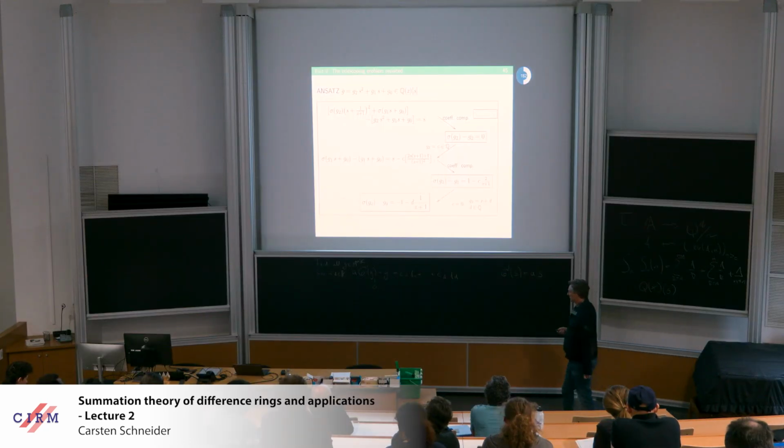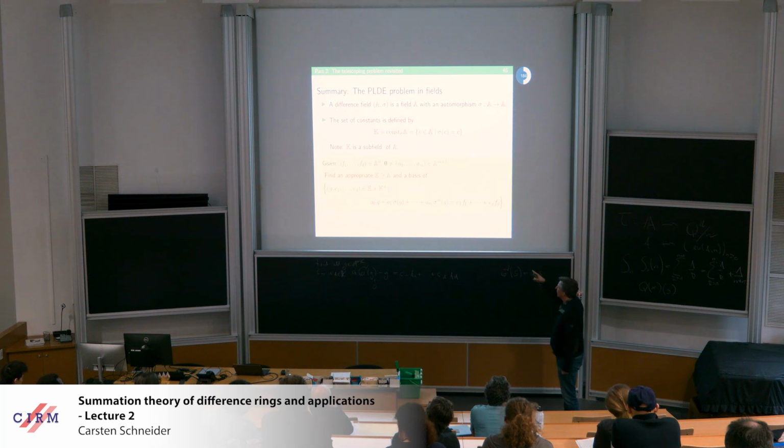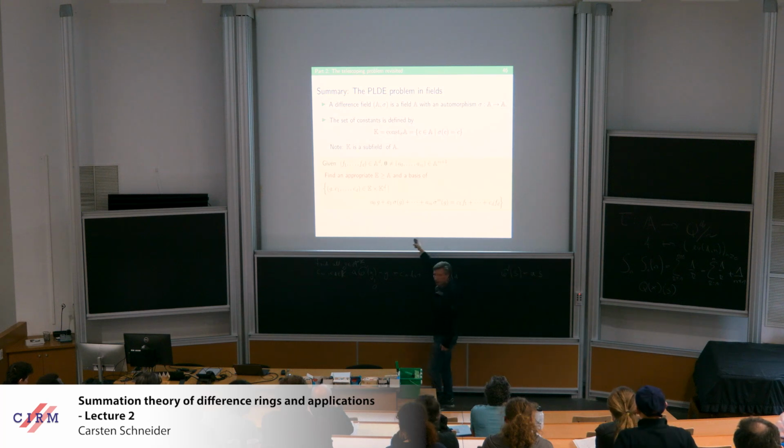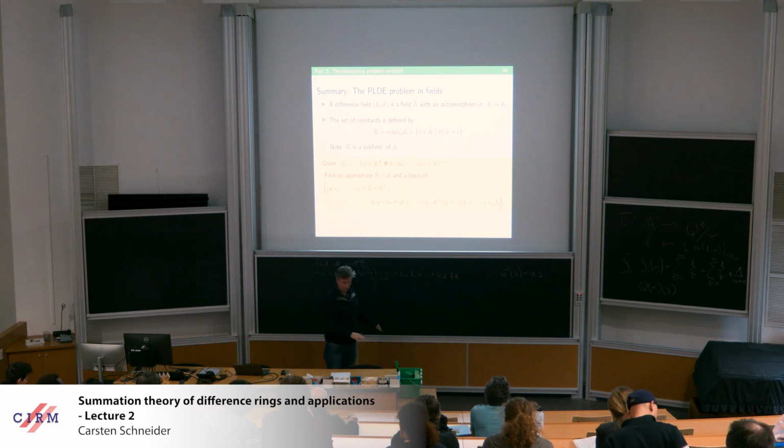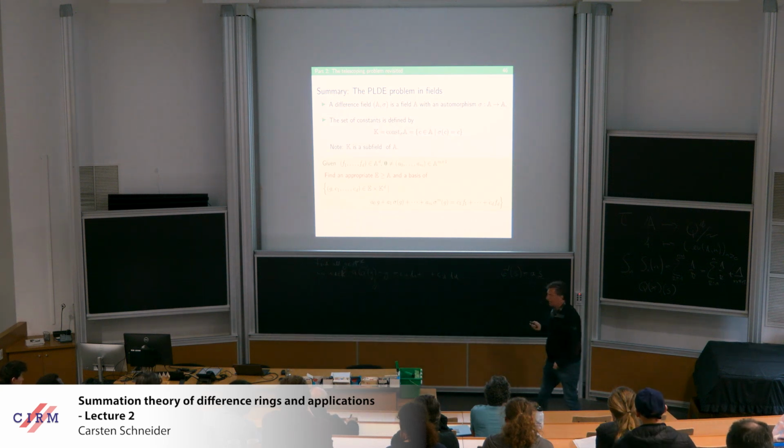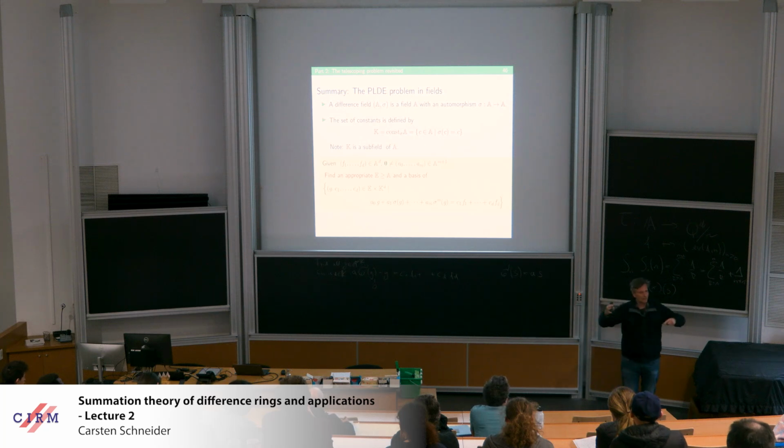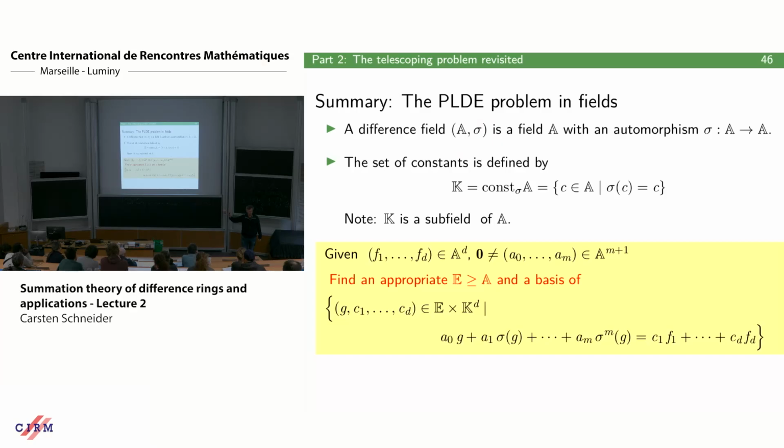And well, if you want to solve parameterized linear difference equations, then actually you have to solve this general problem. If you want to solve this even simpler, eventually you will go to this case, okay? So this is somehow the most general case, and when you go to subcases, you will always enter this case, somehow.